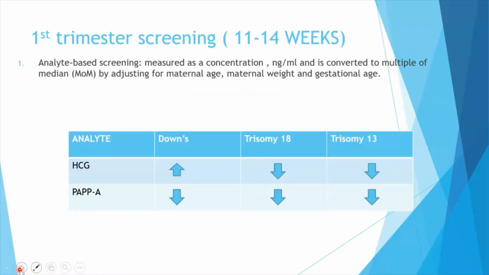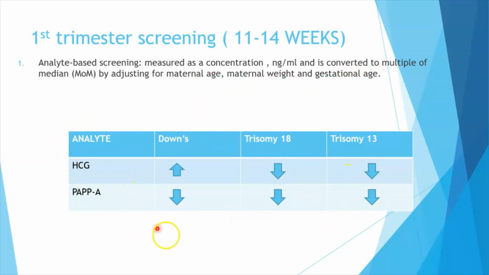So let's begin. First is first trimester screening, which is usually done at 11 to 14 weeks. The first part of first trimester screening is analyte based screening. Analytes are measured as a concentration, that is nanograms per ml, and then converted to multiples of the median by adjusting for maternal age, maternal weight, and gestational age.